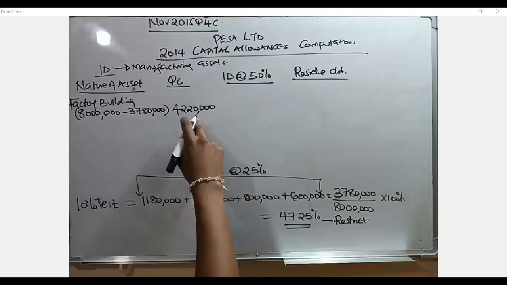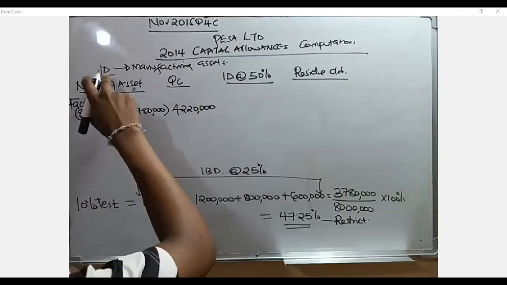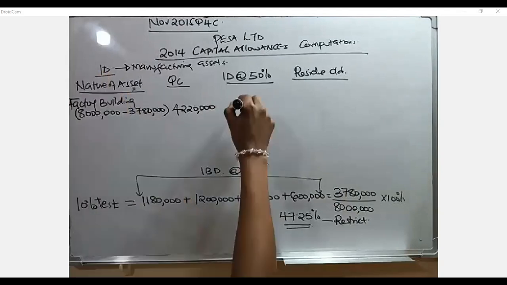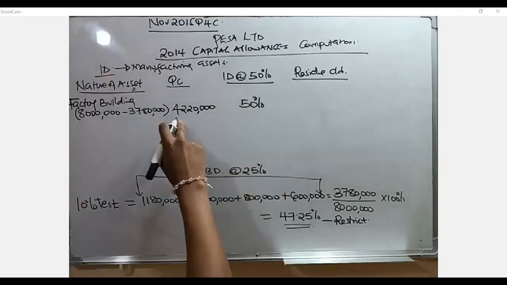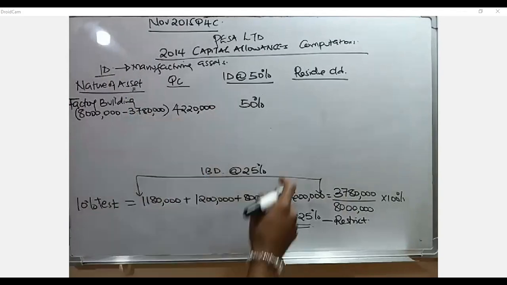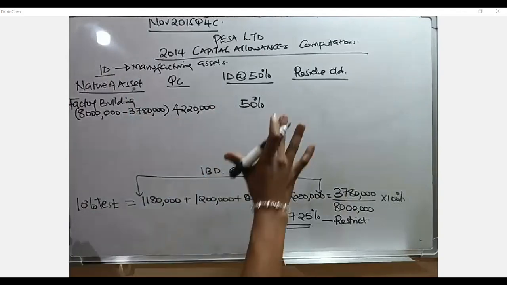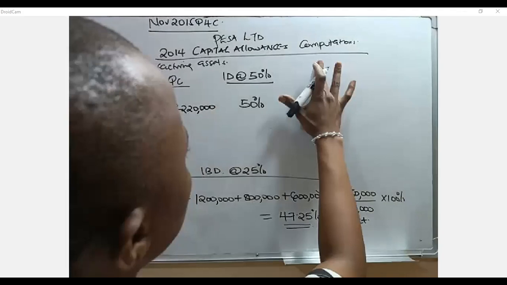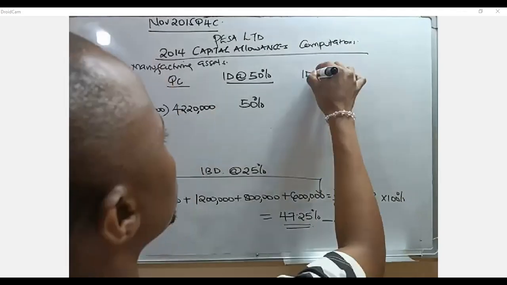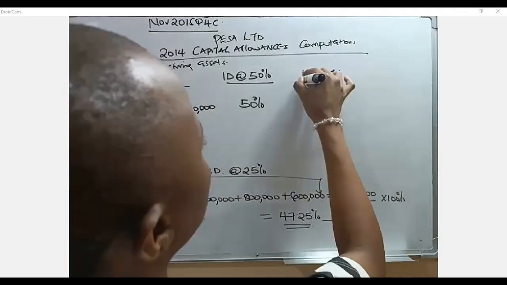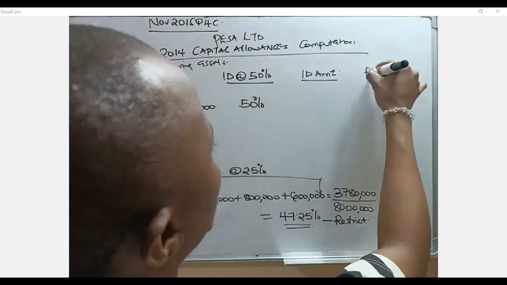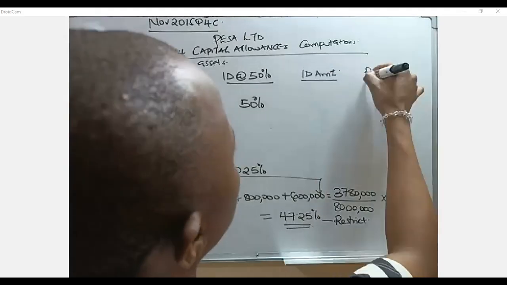Now, the qualifying cost in the first year of the investment deduction, we have said is 50%. So 50% of the qualifying cost is how much? Here I should be having the ID amount. Then here we talk about residue carried down.